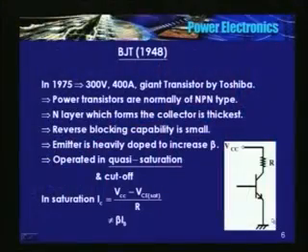So, in this circuit, assume that this BJT is operating in saturation. IC is VCC minus VCE sat divided by R, and it is not equal to beta into IB, where beta is the gain when it is operating in active mode or active region.